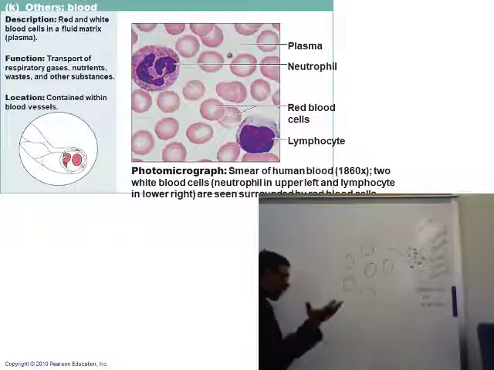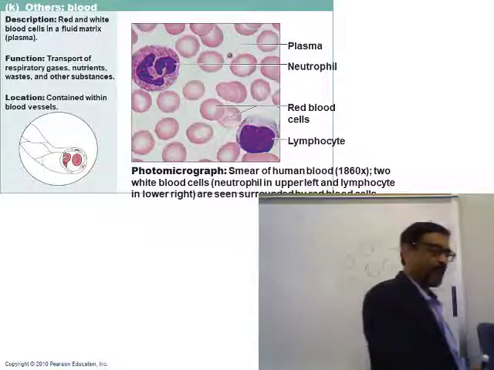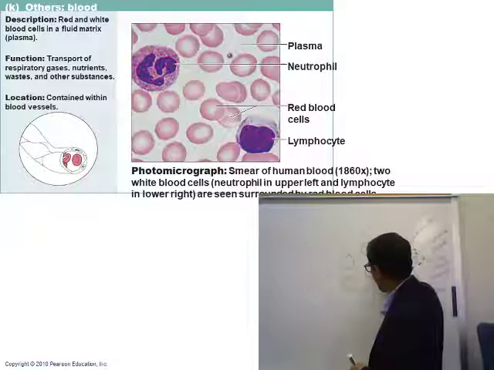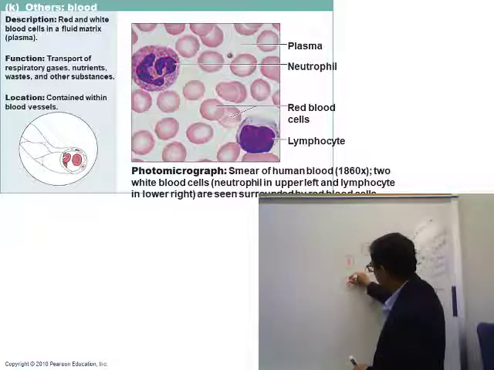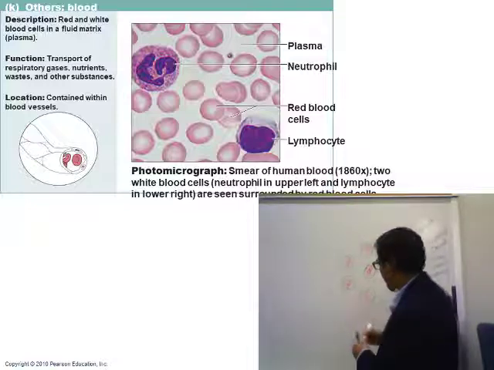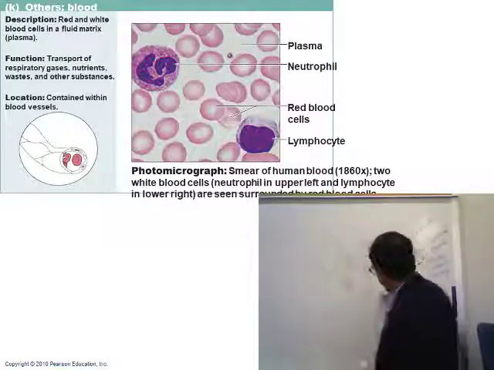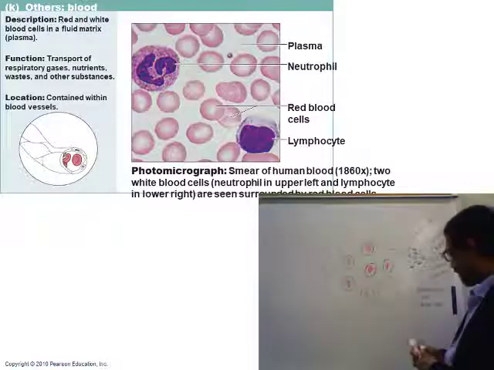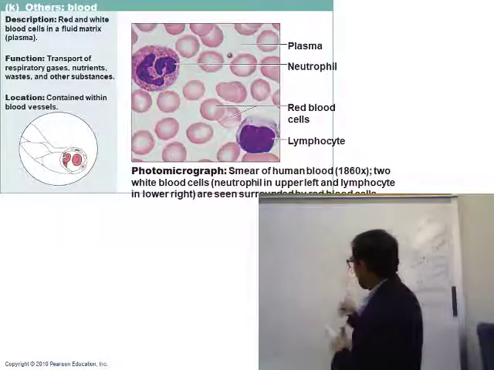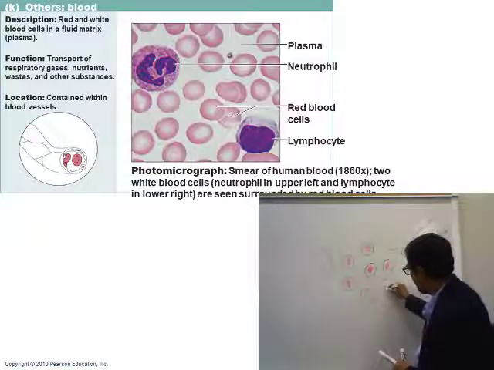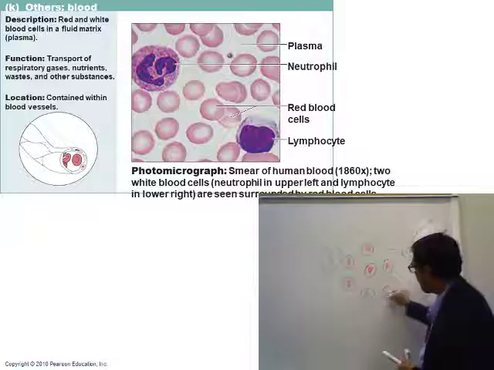Red blood cells are red in color, and hemoglobin is present inside. That's why they look red, because hemoglobin is a red-colored pigment. Okay, so red blood cells. Then you will also see white blood cells. White blood cells are larger, and the nucleus is not red, but under the microscope they look like a pink or bluish-colored nucleus.